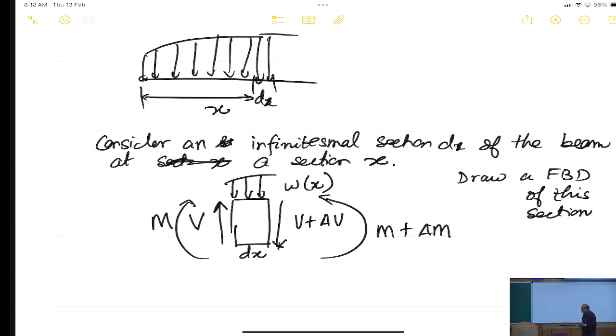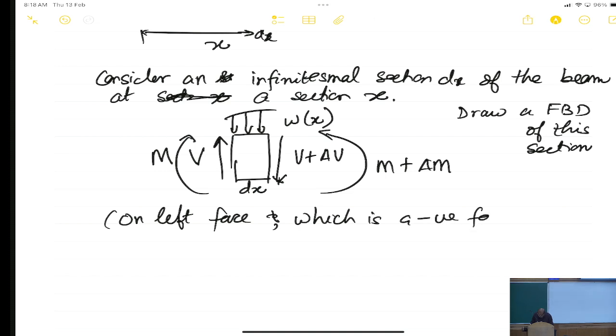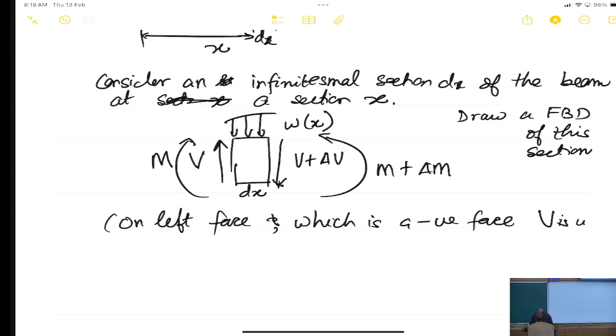And now, to get a relation, what do we do? We do a force and moment balance. So, on the left face, which is a negative face, V is upwards and M is clockwise.